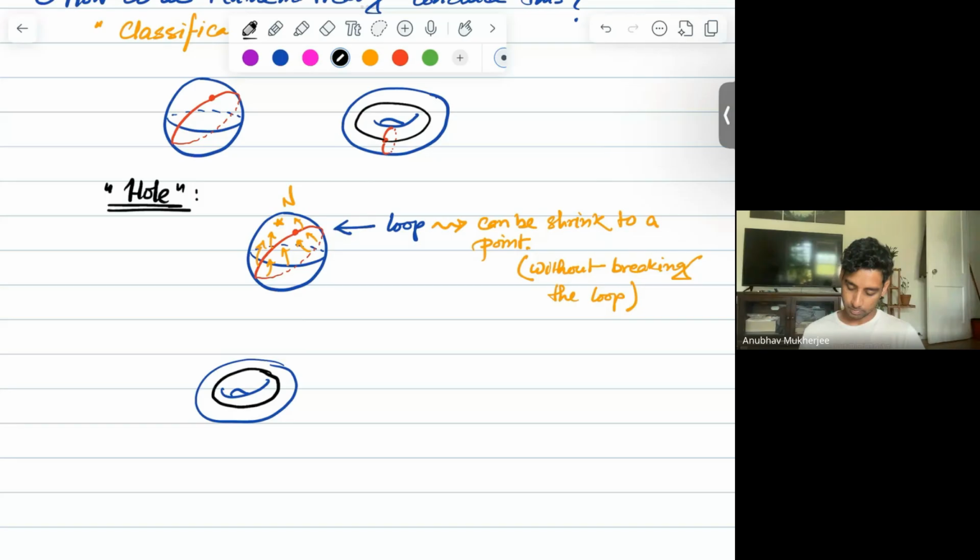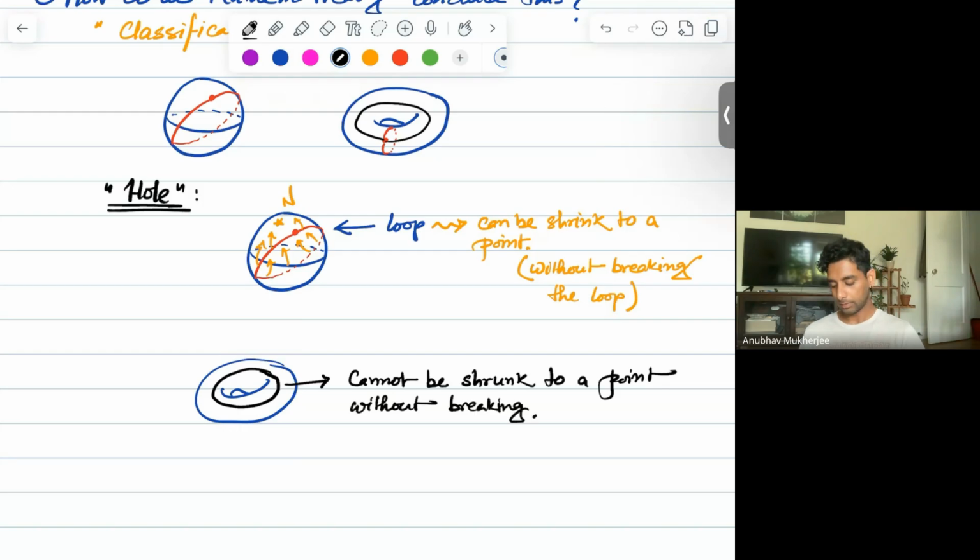So this loop cannot be shrunk to a point without breaking. Okay, and so that's a mathematical distinction between these two objects.